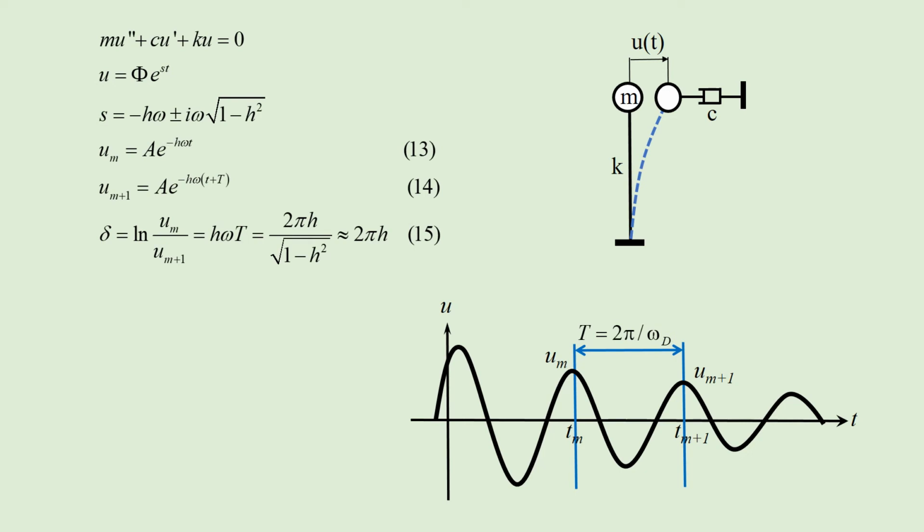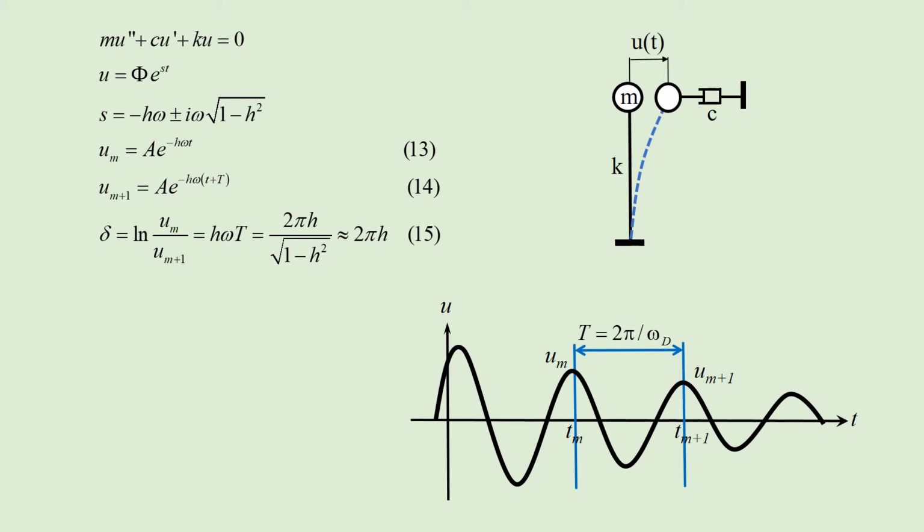There is another useful way to describe the effect of damping. Suppose at the time tm, the displacement um is equation 13. One wave forward, at the time tm plus 1, the displacement um plus 1 becomes as equation 14.